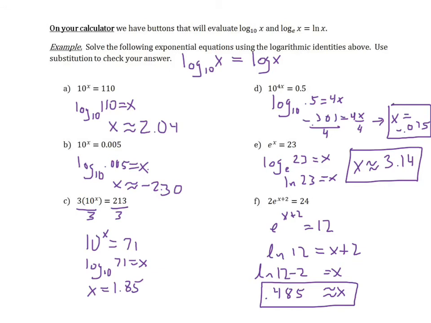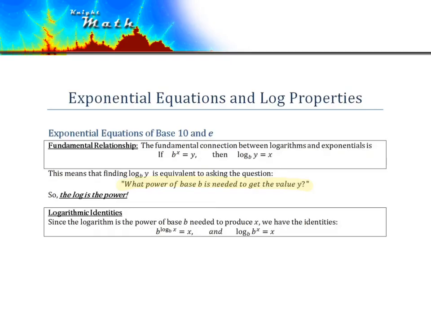And we can also use the definition of a logarithm to rewrite an exponential equation. And so we see two ways to solve exponential equations, using the definition or using the properties. And that is how we can solve exponential equations.